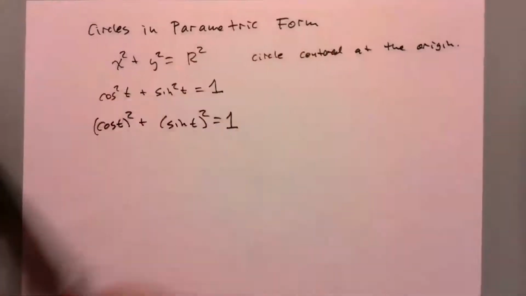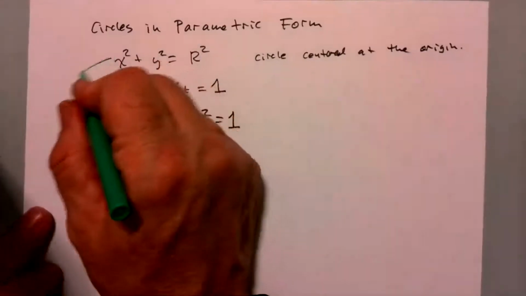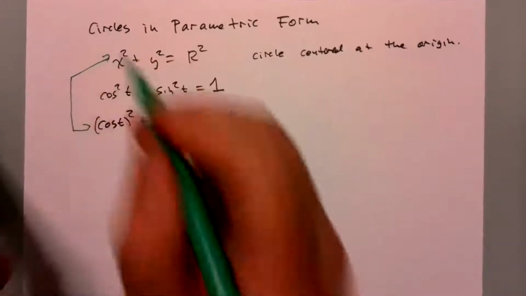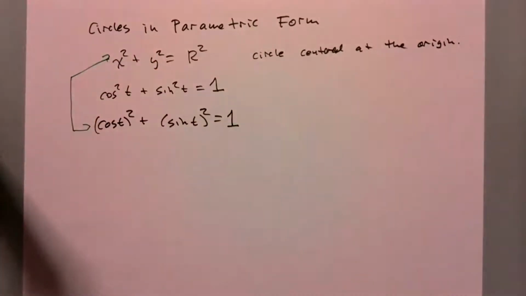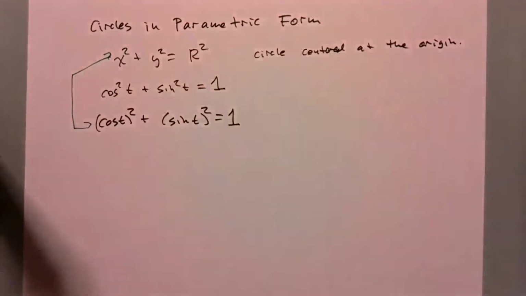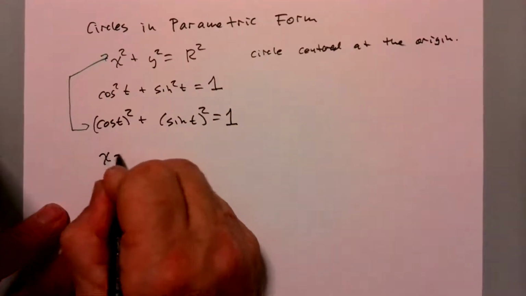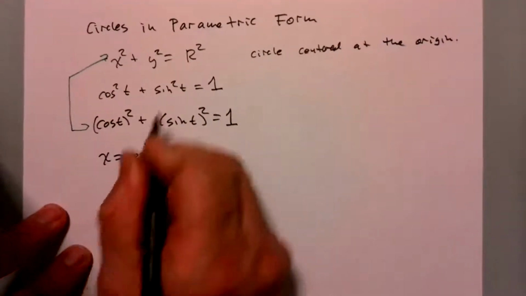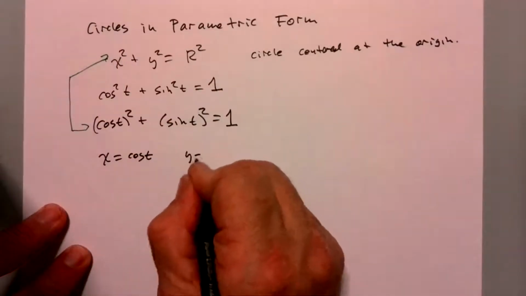So how do we equate these two lines? We look at the first one and we look at the last one. We're trying to think about a circle centered at the origin with radius 1 in this case. What would that be? Well, x would have to be cosine t, and y would have to be sine t.